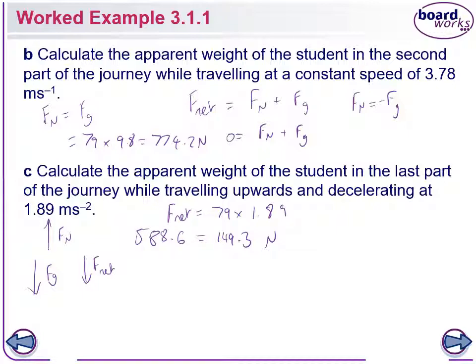So again, from our Fg plus Fn. Now, let's still take up to be positive, just because it makes sense that way. So that means Fg and Fnet are both negative. So if we rearrange that, Fn is going to be equal to, add Fg to both sides, Fg minus Fnet.